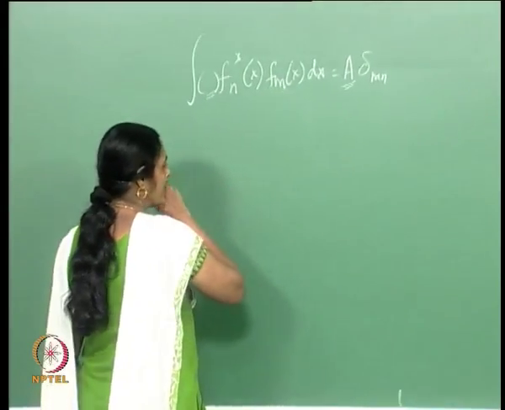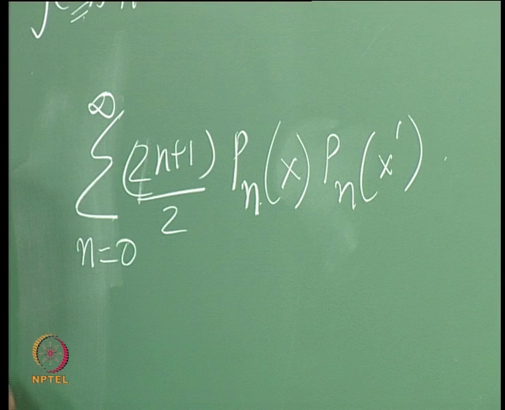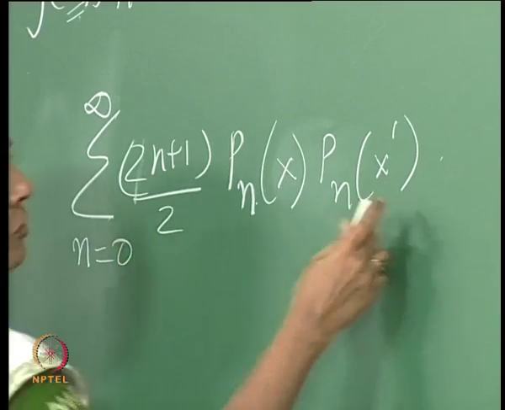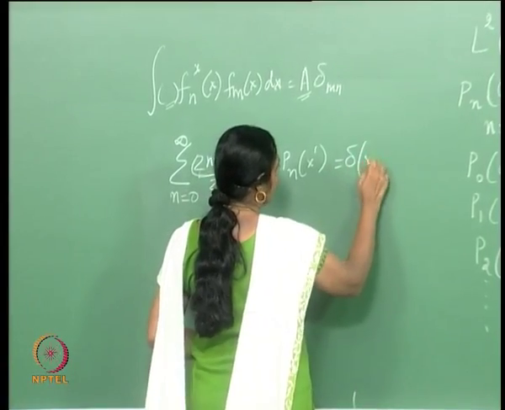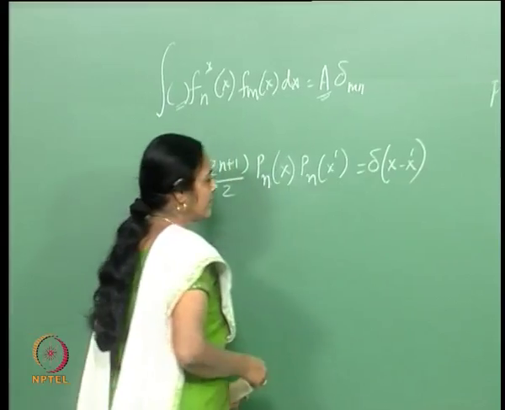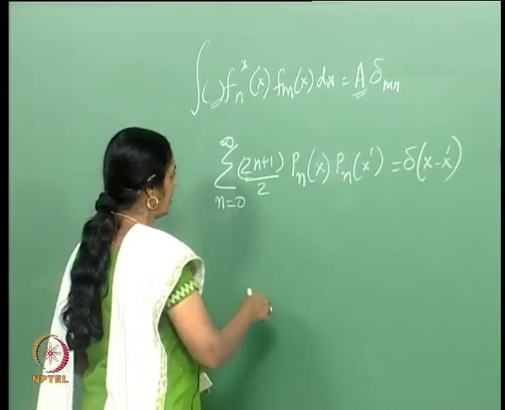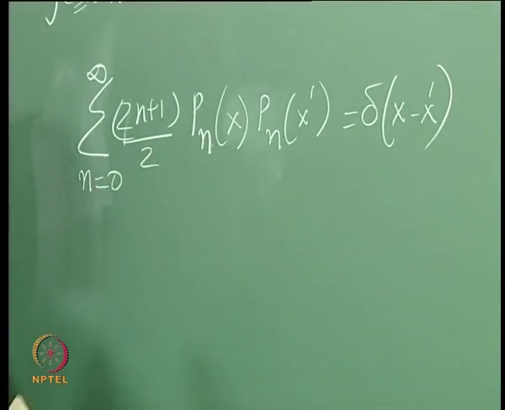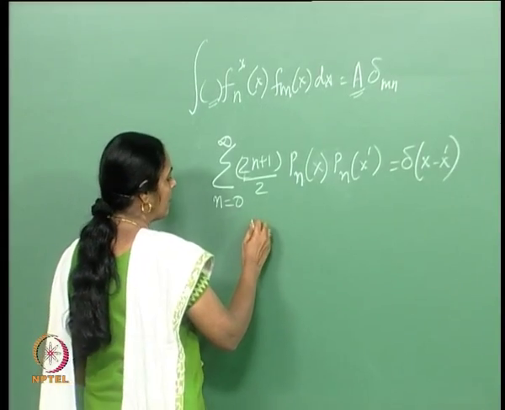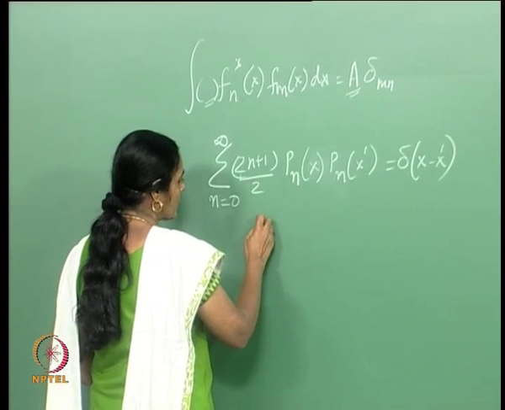For instance, in the case of the Legendre polynomials, summation n equals 0 to infinity, 2n plus 1 by 2, Pn of x, Pn of x prime is delta x minus x prime, where this is the Dirac delta function. Now, in terms of the Dirac notation earlier, the completeness relation was written as follows.